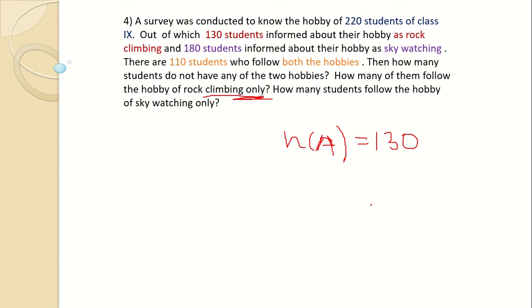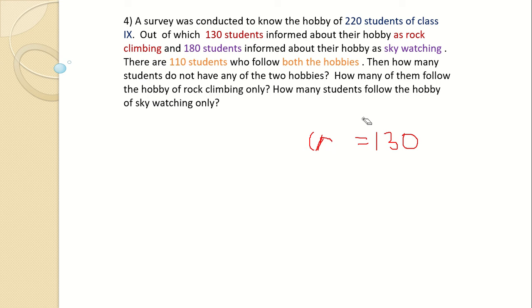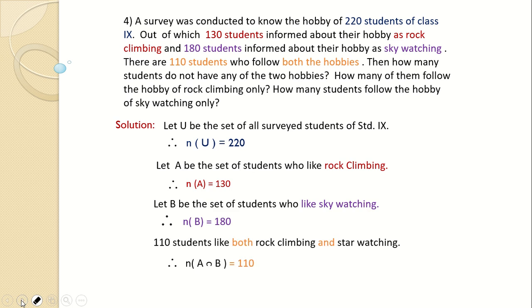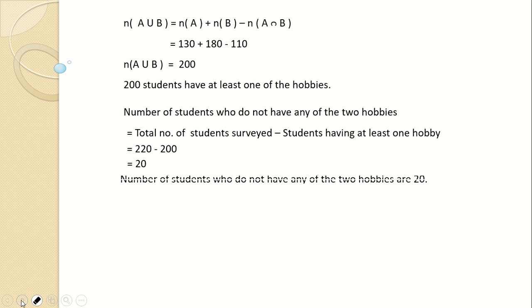You will get the value of the students who have the hobby of exclusively rock climbing, and here also exclusively sky watching. Subtract that intersection part, then we will get the students who have the hobby of rock climbing only and sky watching only. So let's see, the number of students who like only rock climbing will be n of A minus the intersection part.